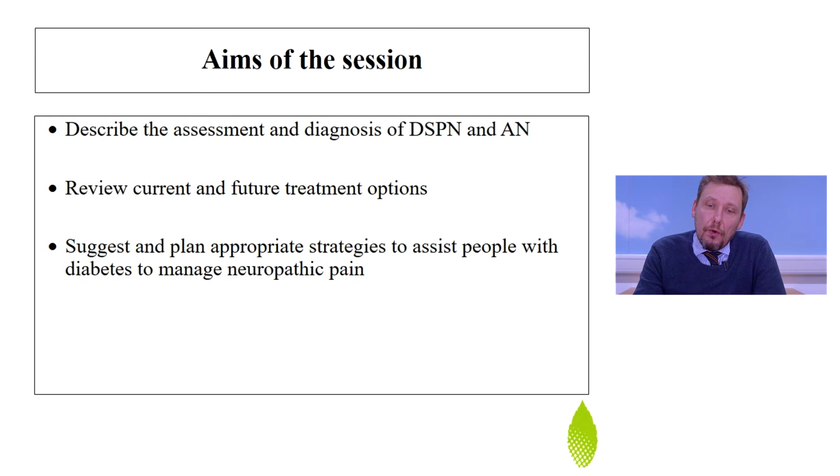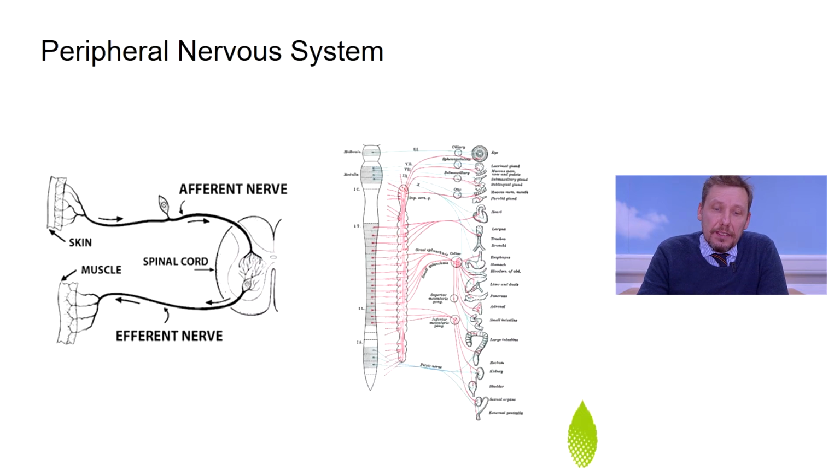The aims of this talk, therefore, are focused upon giving you a clinical overview of DSPN and AN in particular, and to form appropriate strategies to assist people with diabetes to manage neuropathic pain appropriately, because this is known in certain circumstances to be an extremely debilitating and difficult condition to live with for people with diabetes.